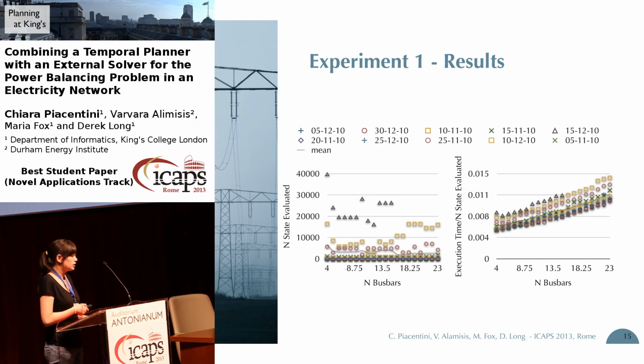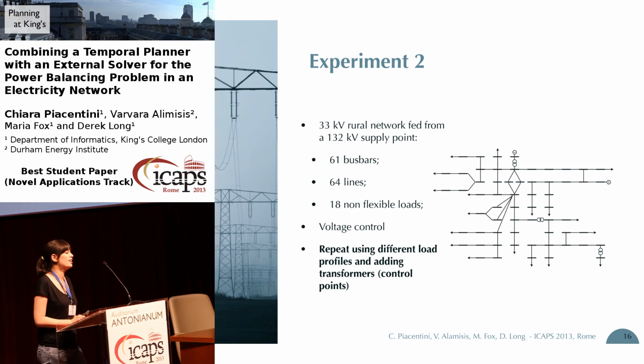For the second experiment, we use this 33 kV overall network, for which we have 61 bus bars, 64 lines, and different loads. The problem with this network is that for some load configurations, we have a problem with the voltage on some bus bar.